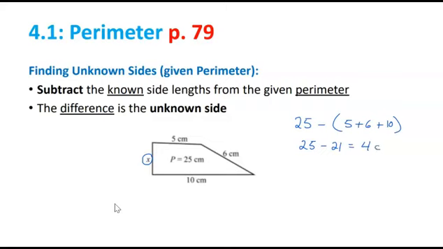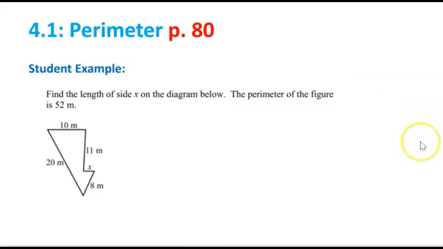Whichever way you go about it, you're going to be solving for the unknown side length, which in this case is 4 centimeters. With that information, you're now ready to solve the student example on page 80. You can pause the video, try it on your own, and if you need to, you can check the solution here.